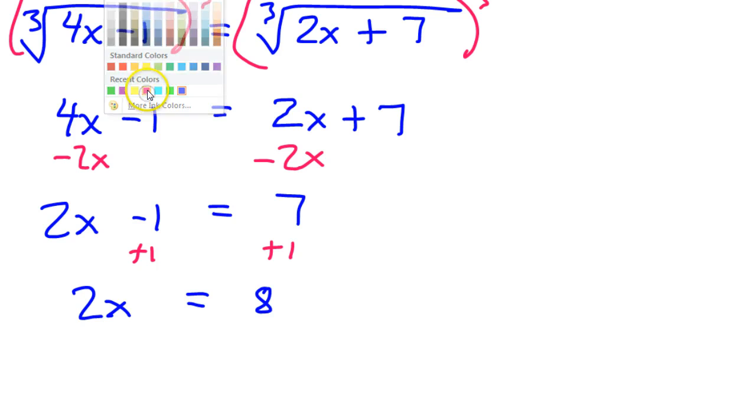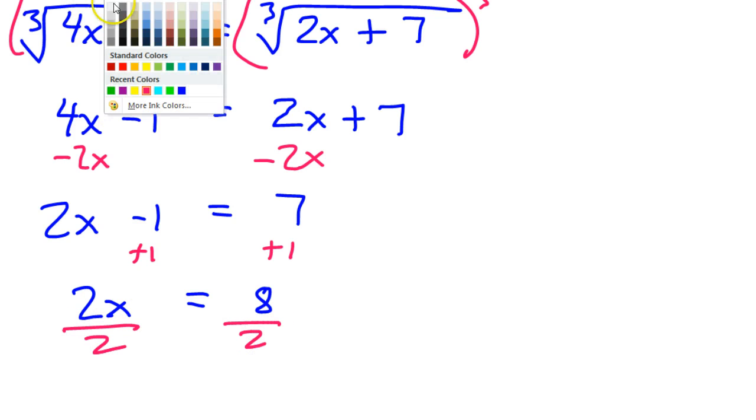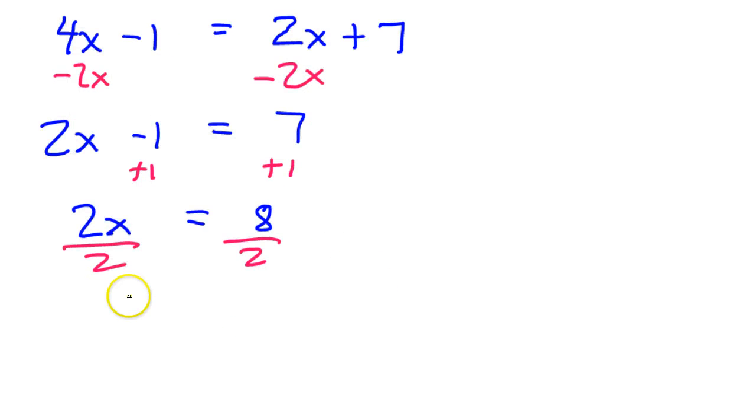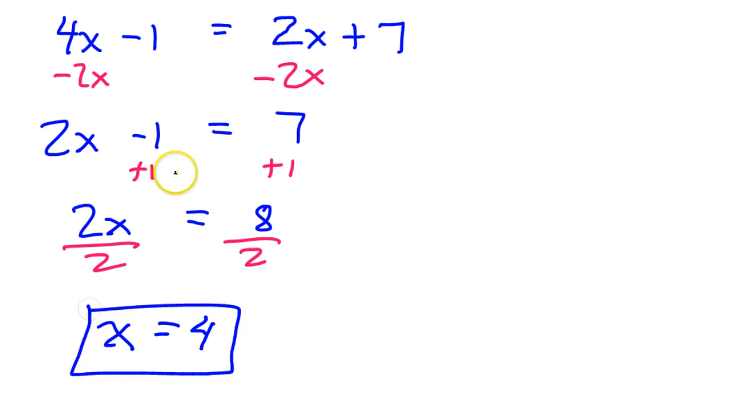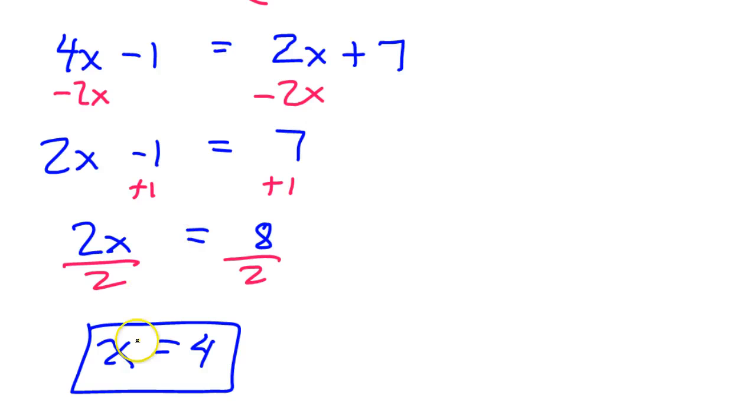And then it's time to divide both sides by 2. That is going to give us x equals 4. Okay, we should check that and make sure it works, because you never know, but I'm pretty sure it works. So I'm going to move on and just live dangerously.